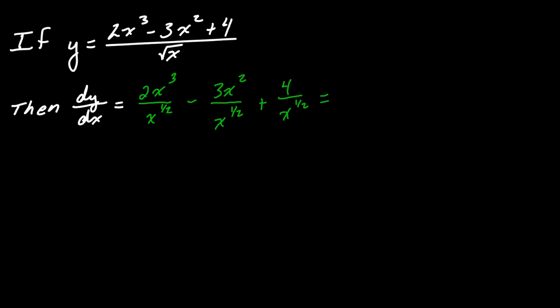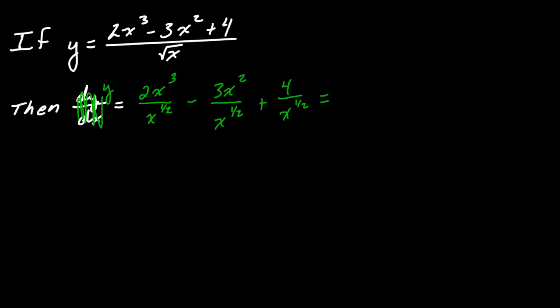Now, all I have done here, this is still actually just y, this is not the derivative yet. All I did is change what the function looks like. And so the next thing is we can simplify this, because when you have the same variable in the numerator and in the denominator, you would subtract your exponents.